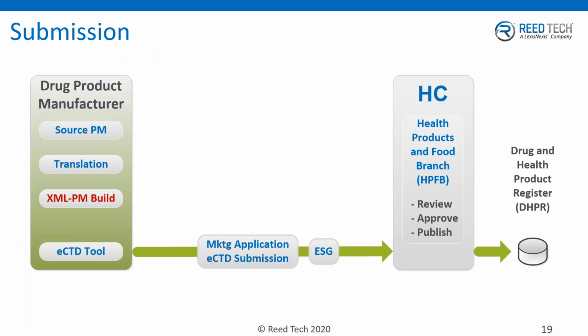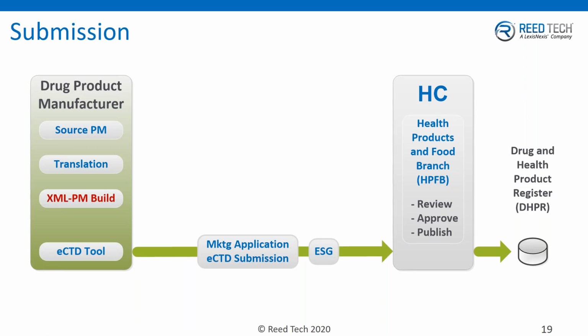This slide shows some of the activities that need to be addressed and how the data would flow from your site on the left-hand side as a manufacturer over to Health Canada. And so the task is to make the data flow from point A to B, left to right. Some of these tasks have been in place for years, and so you're already familiar with authoring a pristine product monograph.